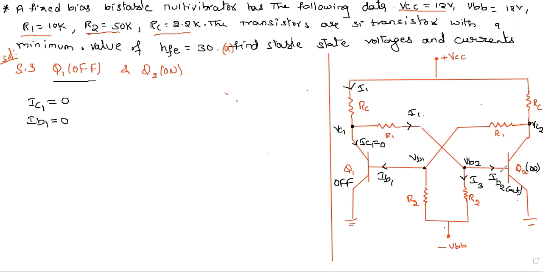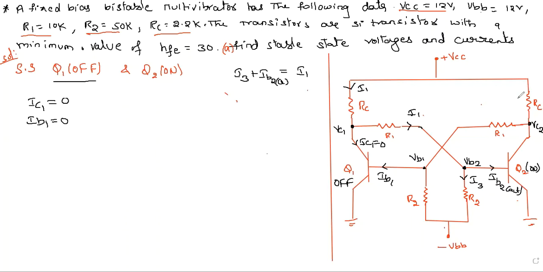So I3 plus IB2 actual is nothing but I1, because IC1 is 0 and the total current flows to R1. At the node VB2 the current is divided between I3 and IB2. So these are the current distributions for the Q1 transistor.